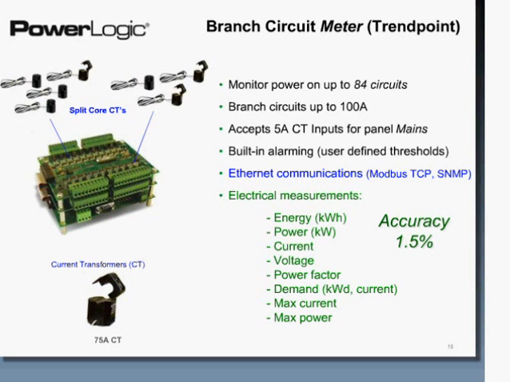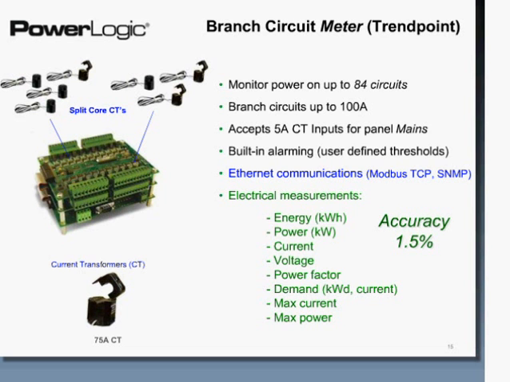So typically you're looking at an accuracy of 1.5 to 1%. You still have the same sort of electrical measurements. What we also start seeing as a trend is Ethernet communications as standard. Additionally, customers are looking at using SNMP as an output.